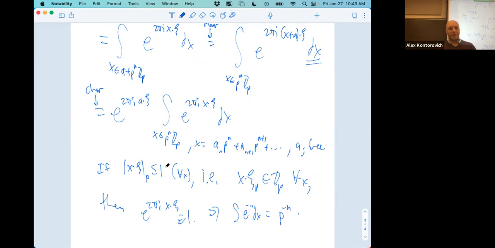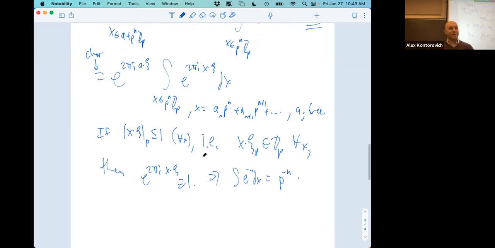Now, what does it mean that x times c has norm at most 1 for all x? By definition of the norm, this is the absolute value of x times the absolute value of c. Now, what is the absolute value of x as x ranges over p to the n Z_p?